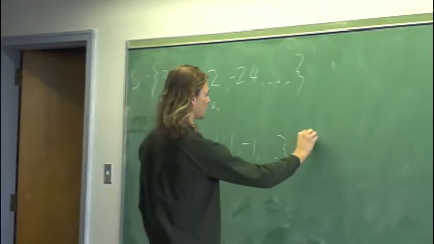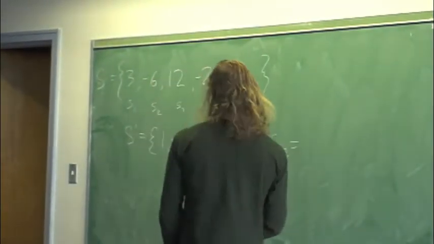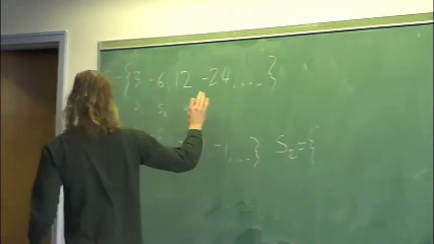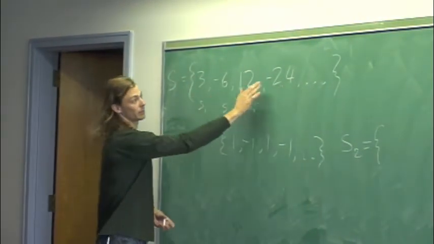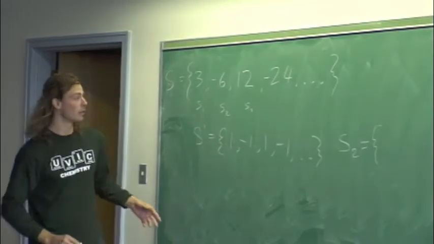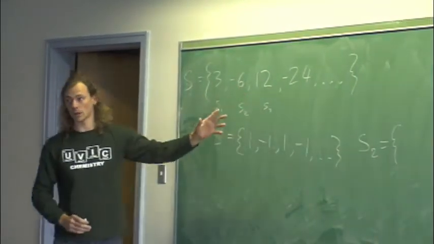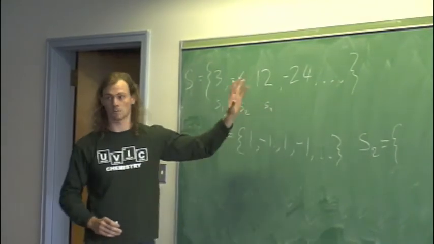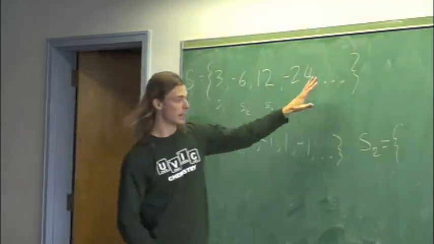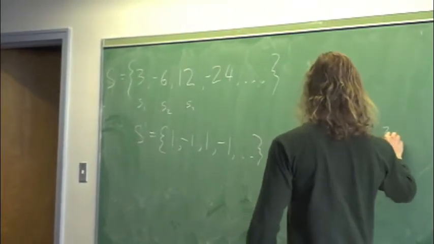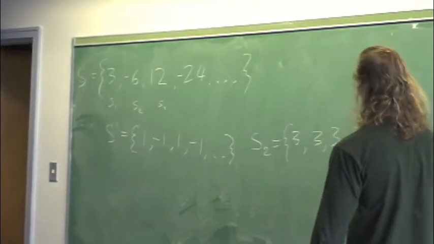Then there's a set S2, where I see that there's a factor of 3 that can be pulled out of all these terms. So really this is just a sequence of 3's repeating.